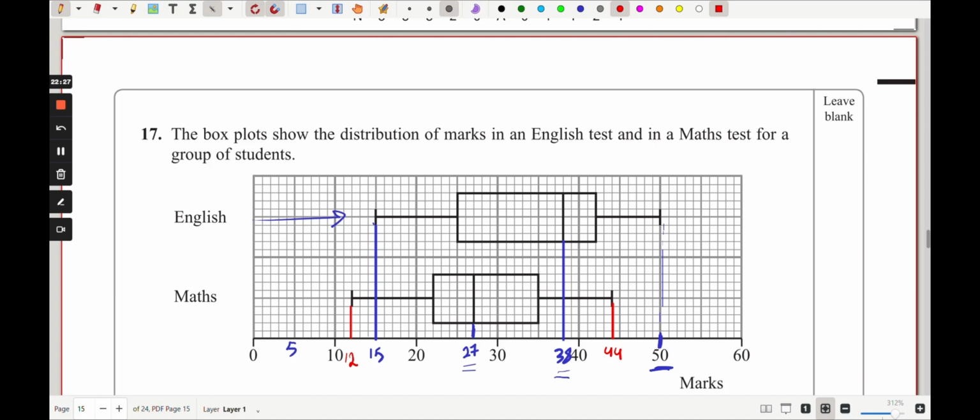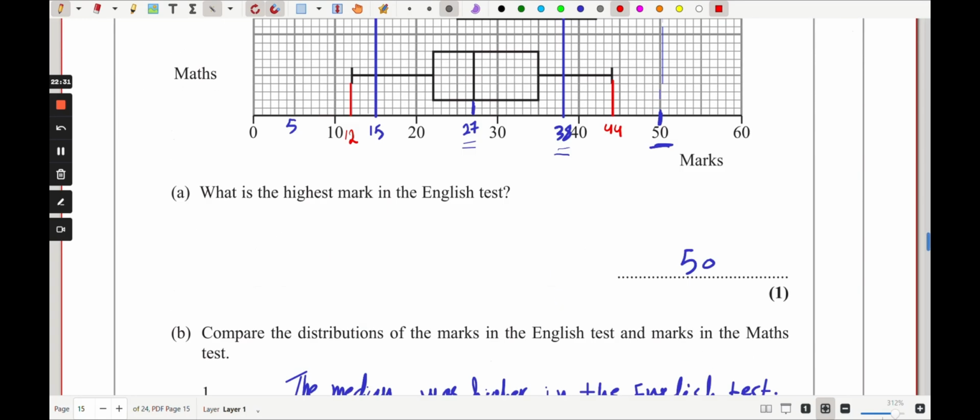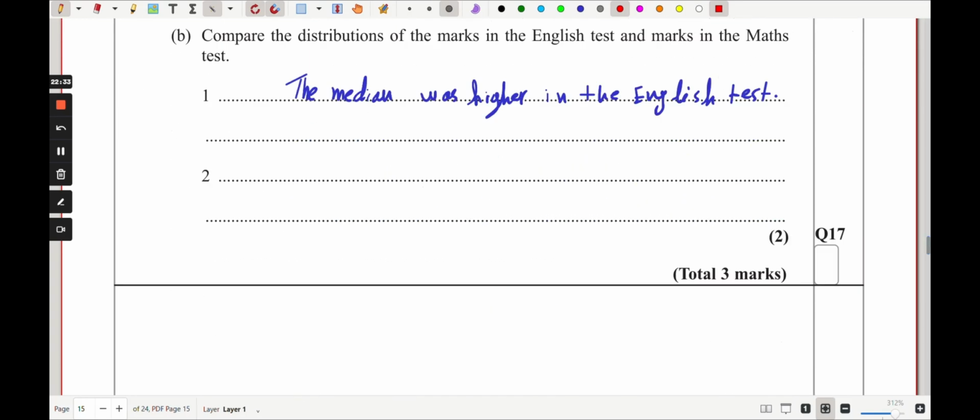So the quartile range was bigger in the English test.